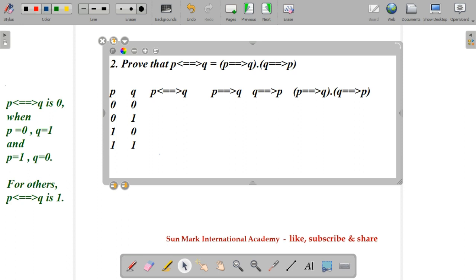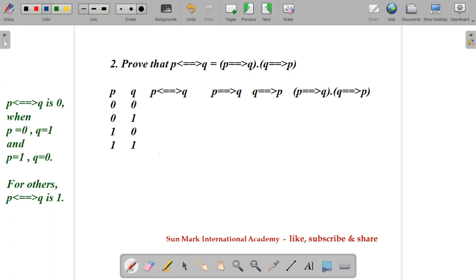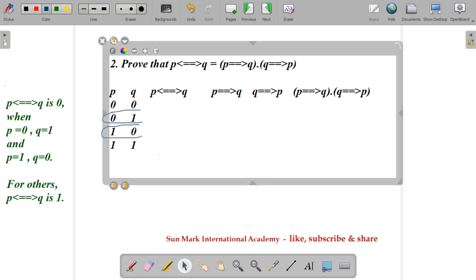Next, P biconditional Q. In the previous video, we discussed the biconditional statement, its formula and how to draw the truth table. Using the biconditional rule, P biconditional Q is 0 when P equals 0 and Q equals 1, and when P equals 1 and Q equals 0.